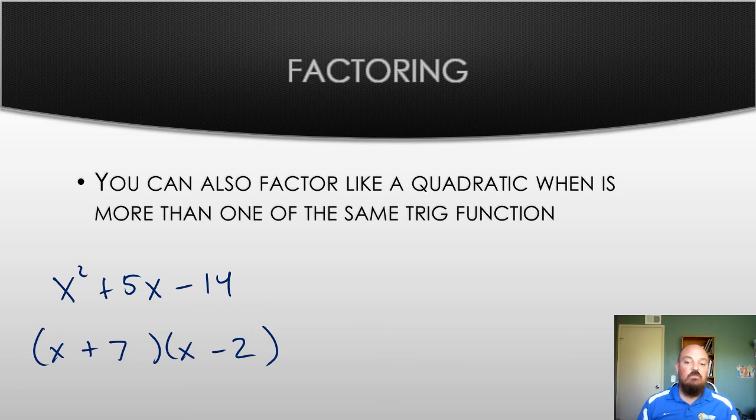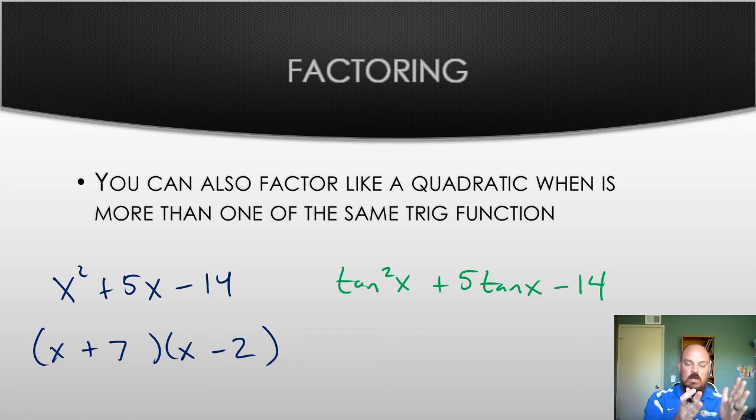Now, let's say I gave you the exact same problem, but instead of each x, I had a trig function in there. Like maybe it was tangent squared x plus 5 tangent x minus 14. So you can see I have the exact same number pattern.